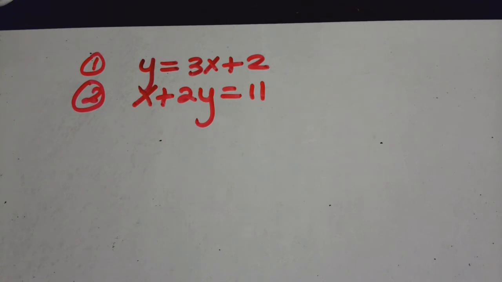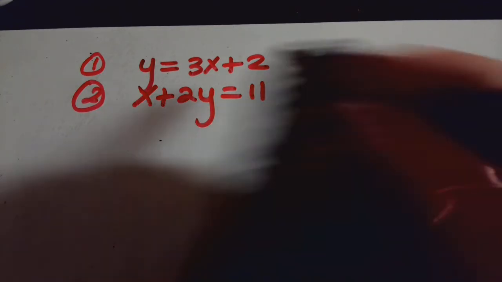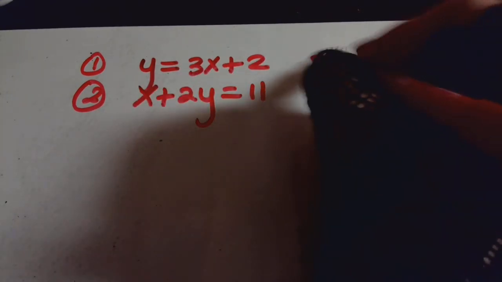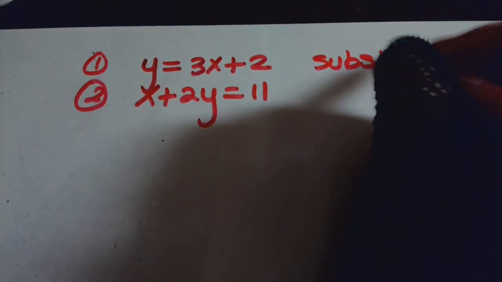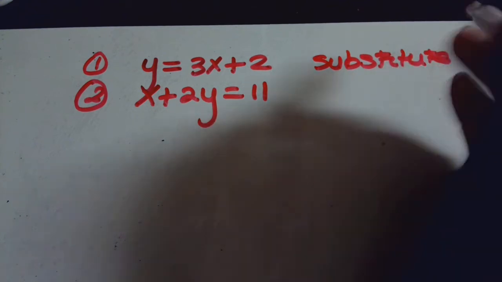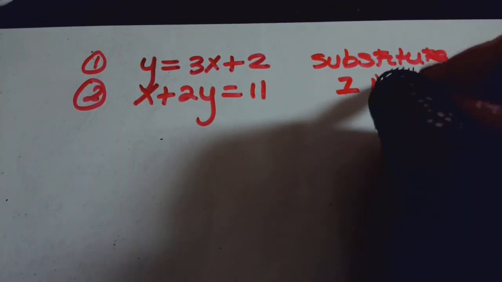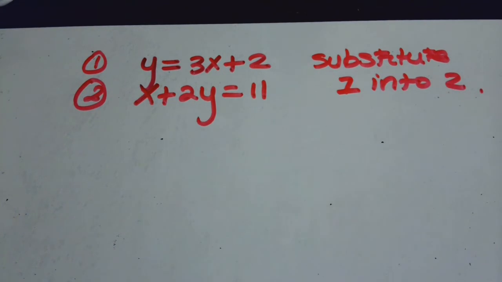We call them a system because it's two lines, all right? So what they're trying to say is if one is solved for x and y, use that one and substitute it into the second one. So we're going to substitute 1 into 2. Exactly. And you're going to see how easy that is to do.